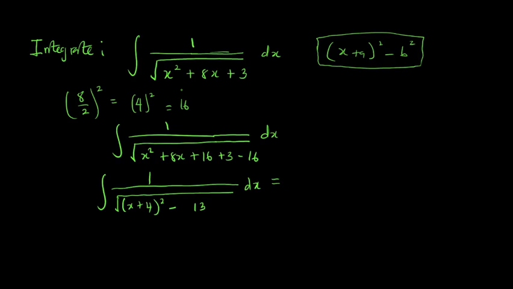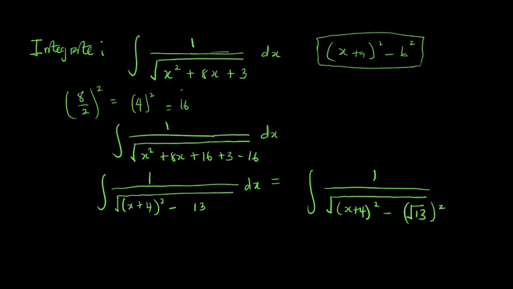So if I want to write the denominator as this expression as mentioned earlier, so I will say 1 over square root of x plus 4 squared minus, can I say square root of 13 squared.